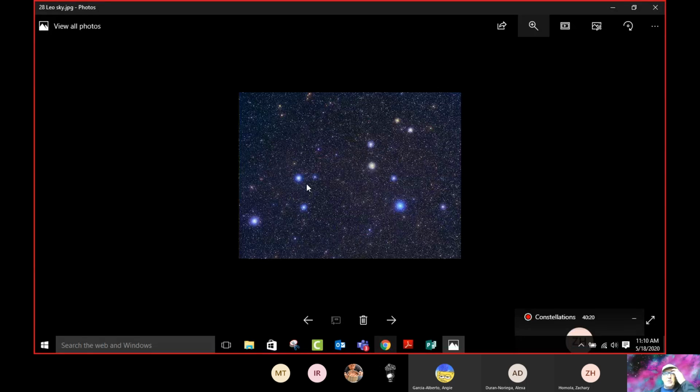And I think of Leo the lion as lying down. So here's this big cat lying down, but it's holding its head up straight. And this backwards question mark is the arc of its mane. So here's the mane of the lion. And really, it's looking out this direction, but there are no stars marking the front of its face. So it takes a little imagination, I know.